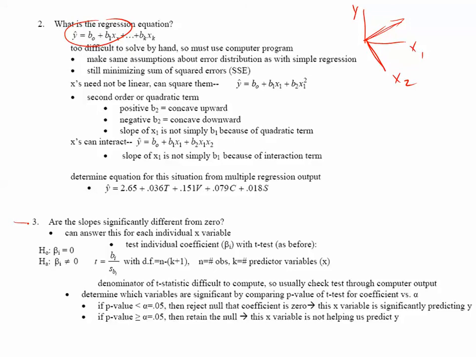However, if the p-value is less than alpha, and we can use that rule of thumb of the t-statistic being about 2, then we can reject the null and say that the coefficient truly is something other than 0. It may be positive or negative, but we can say that the slope is statistically significant: controlling for all other variables, there is a statistically significant relationship.